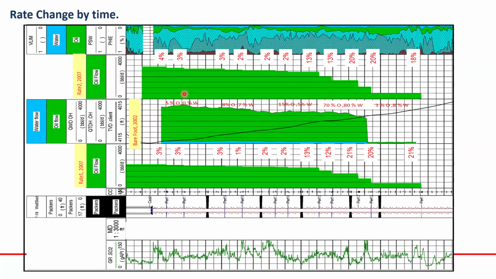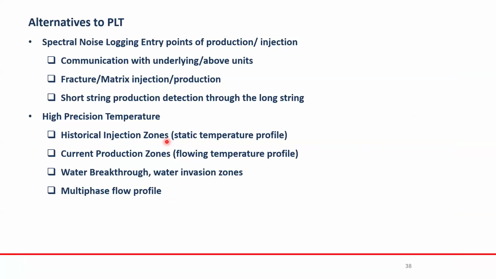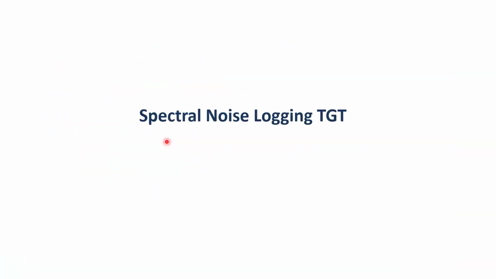Spectral noise tool. This is another PLT, but for vertical wells up till now, and it is by, as far as I know. I don't know if they have any version for horizontal or not, but spectral noise logging, SNL. It is Russian technology.